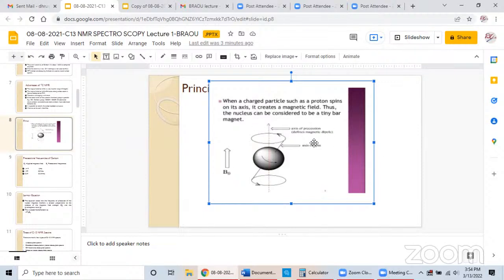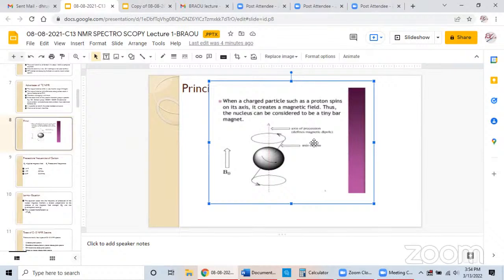Actually, that is the reason why when you are recording proton NMR, you will not see carbon signals. When you are recording C13 NMR, you will not see proton signals, because in the same organic molecule we have carbon, hydrogens, fluorine, and phosphorus also, depending on the structure. You may have a doubt: when we are recording proton NMR, why can't we see the C13 spectrum?